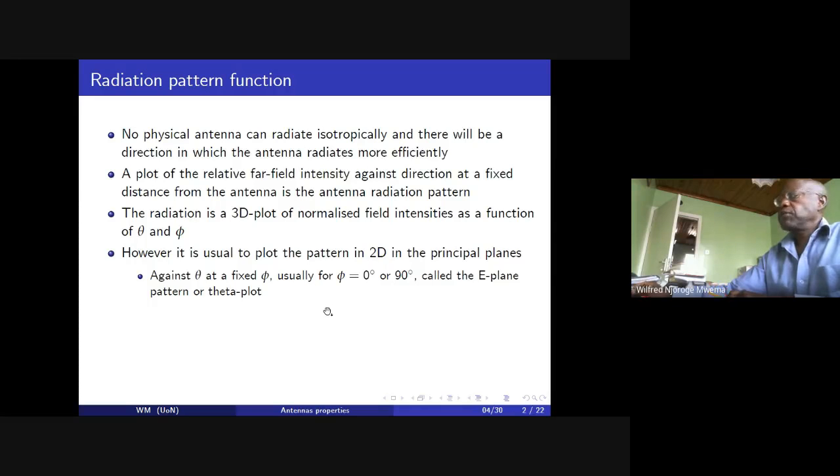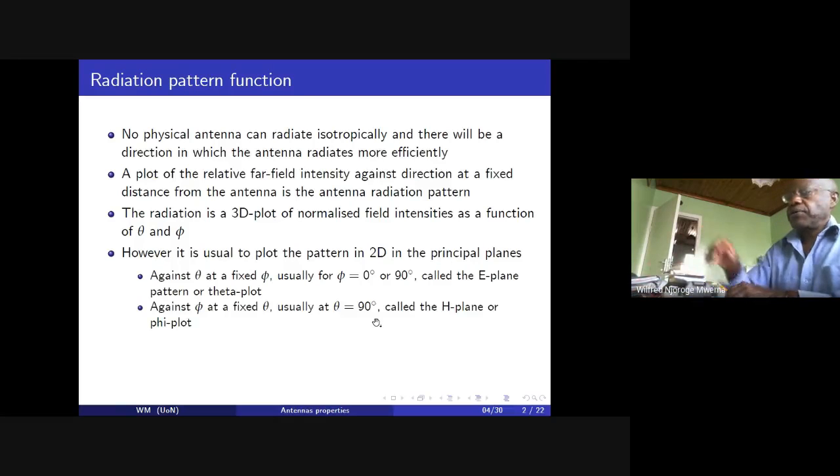So if you are going to be using software packages to design antennas such as HFSS or CST Studio, you will find that they'll always be referring to them as the E-plane or the theta plot, for phi equal to 0 degrees and 90 degrees, and we are plotting against theta.